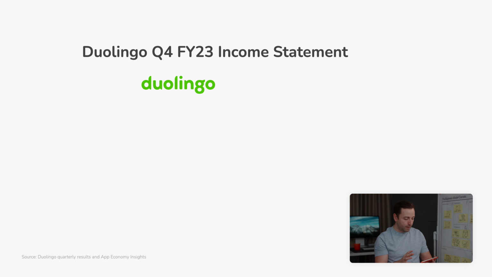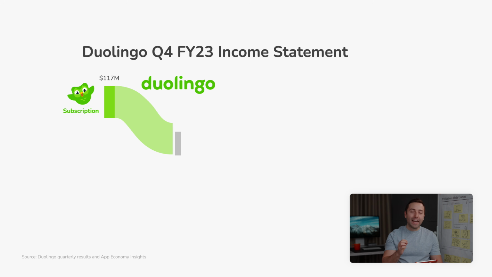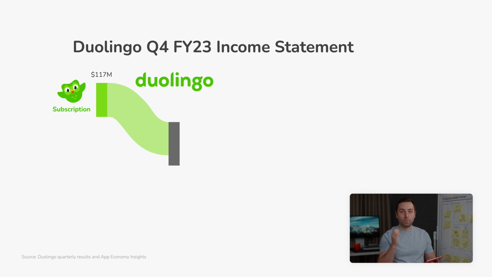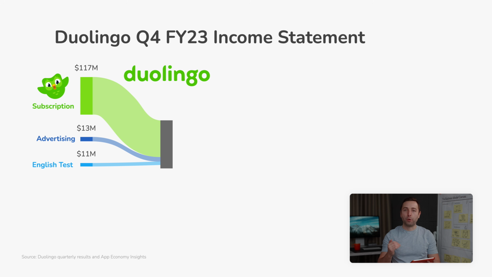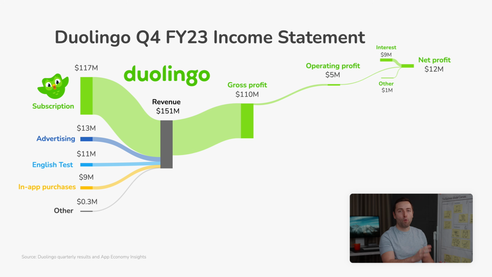Now what we can see is that almost 80% of revenue comes from subscriptions. Only around 9% comes from advertising, but still useful to have for sure. English tests bring in around 7% of revenue. In-app purchases account for around 6%, and then other is less than 1%. So that gives you a really clear breakdown of how they're making and generating money.